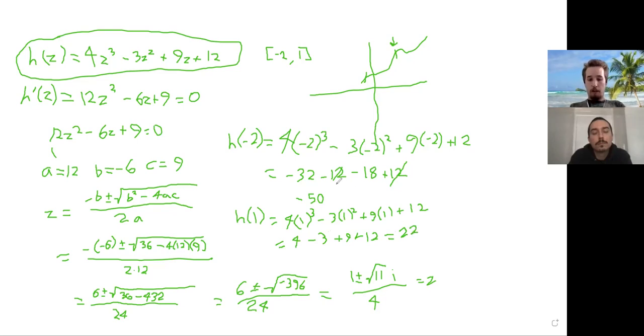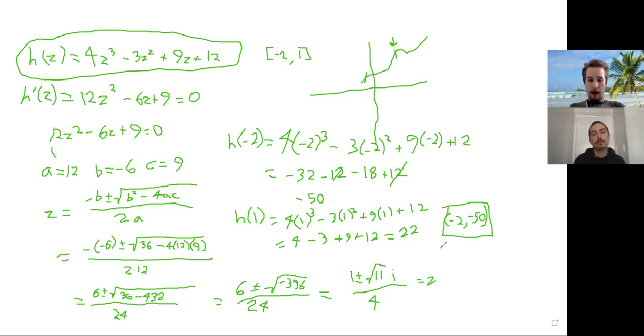So h of negative 2 is negative 50. And because there were no local mins and maxes on the interval, we just look at our endpoints. Our answer is negative 2, negative 50 is our absolute minimum on the interval.